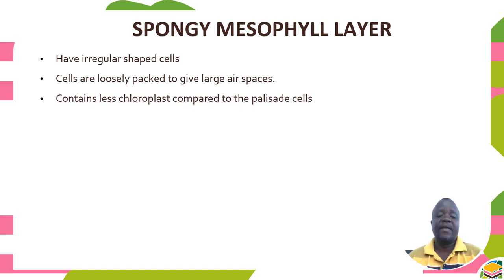Because they have fewer chloroplasts, there is a little amount of chlorophyll, and therefore this results in little photosynthesis taking place. So there is less photosynthesis taking place in the spongy mesophyll layer.